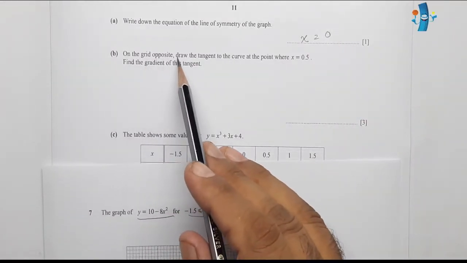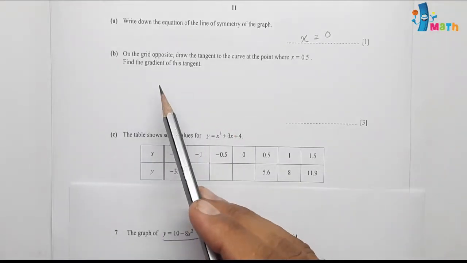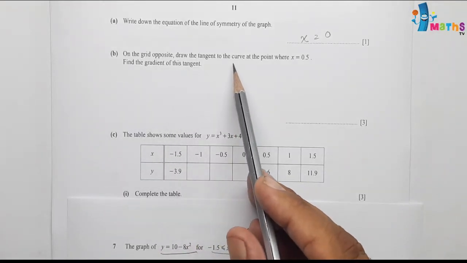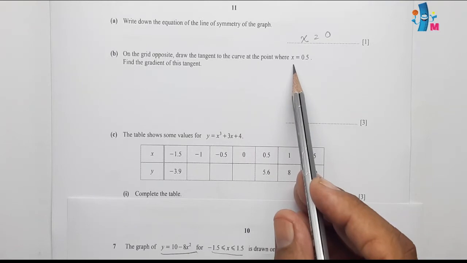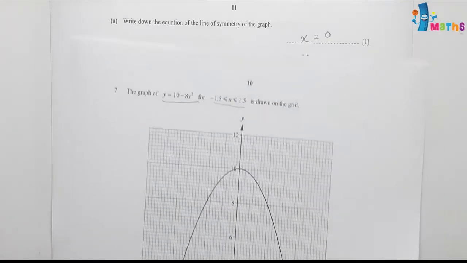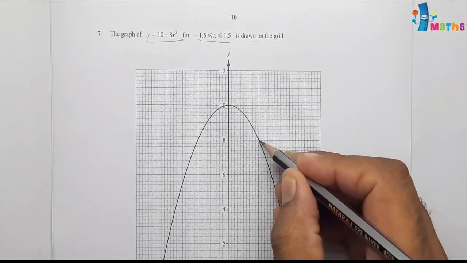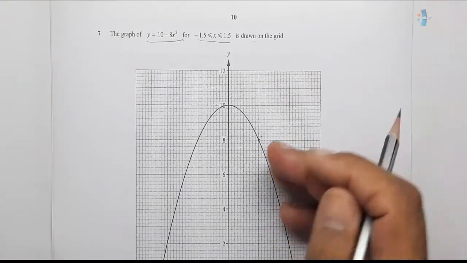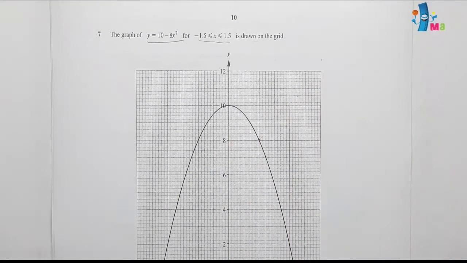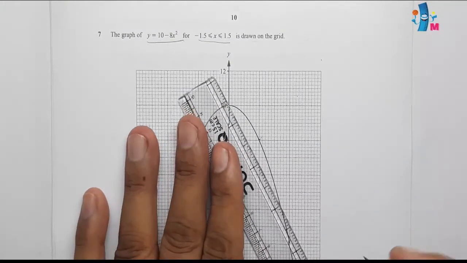Then on the grid opposite, draw the tangent to the curve at the point where x is equal to 0.5. So 0.5 is this one. So at this point we have to draw the tangent. So I will draw tangent for you.